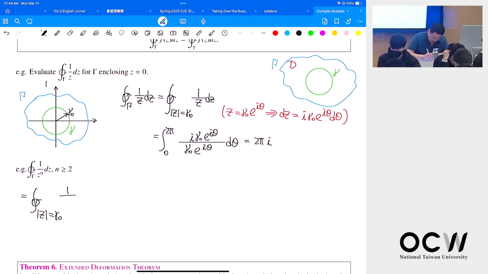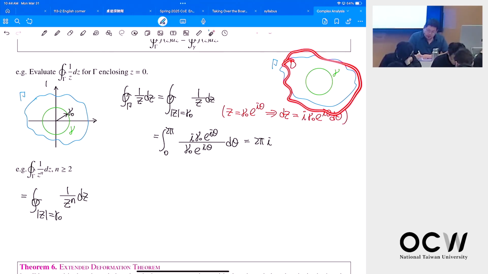One over z to the n dz. No matter what closed curve you have, we can just shrink or make another small circle inside this closed curve.